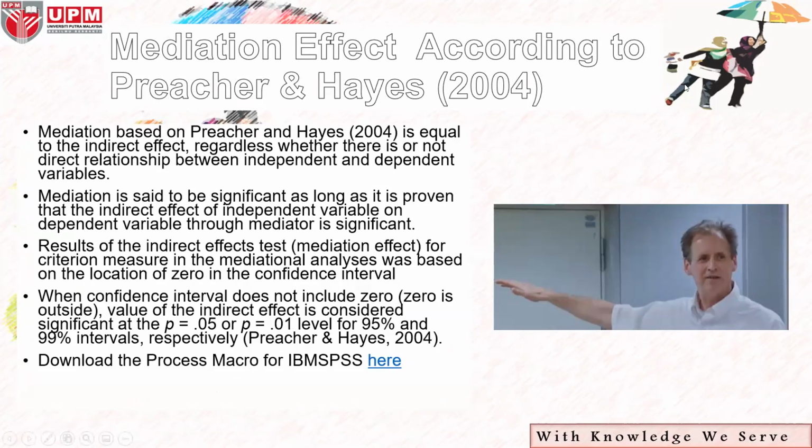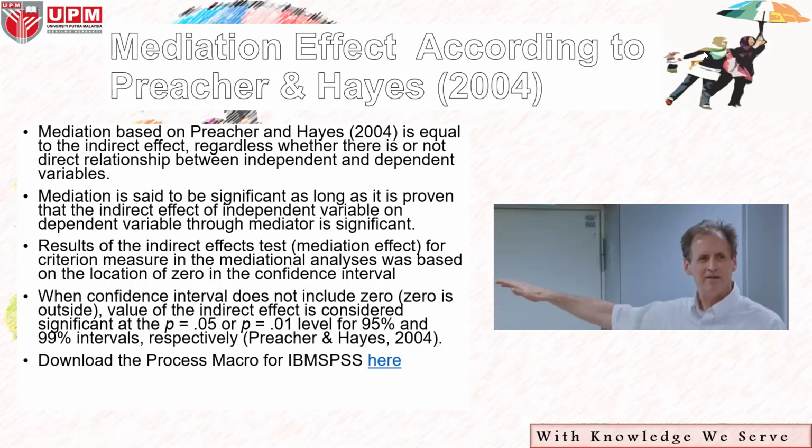So maksudnya Preacher and Hayes ni dia argue the logic of following the earlier 3 steps in Barron and Kenny, because to come up with the mediation model ni we already have the theory. Kita dah ada teori dah. For each path from IV to DV, from IV to mediator, mediator to DV, it's already been supported by theory.